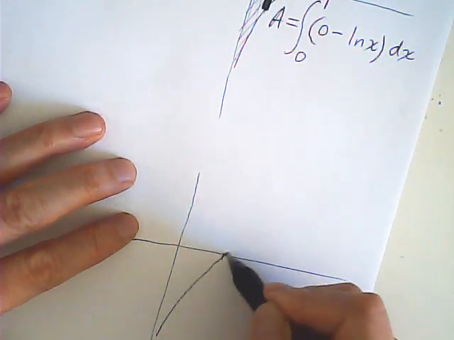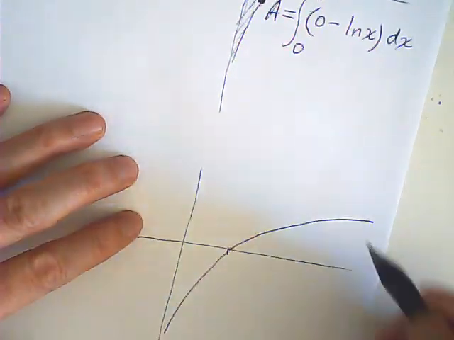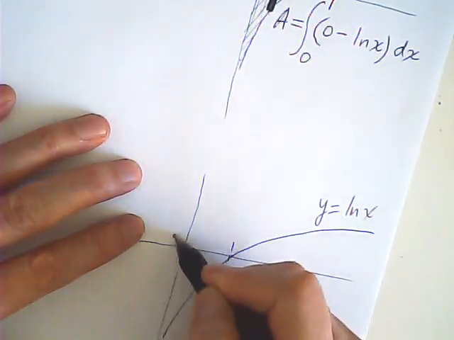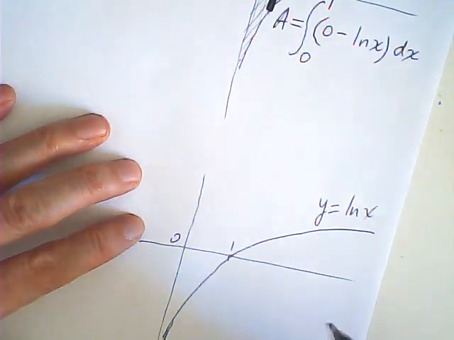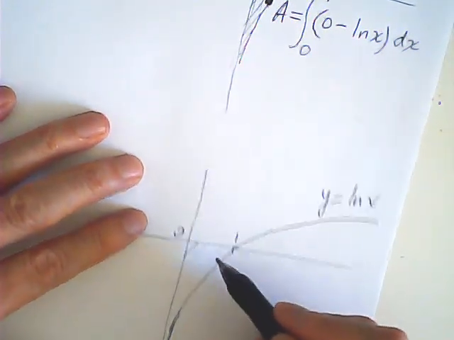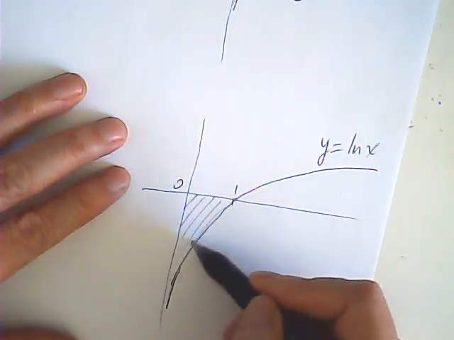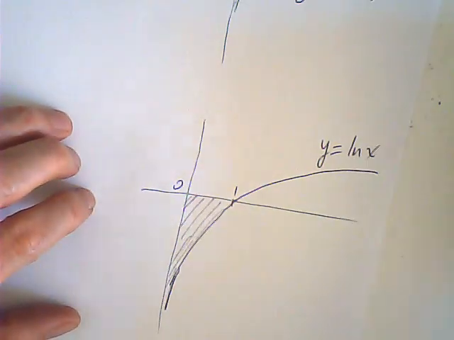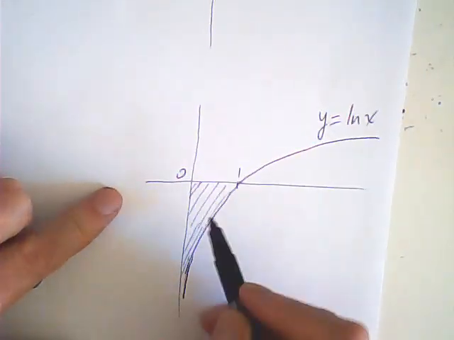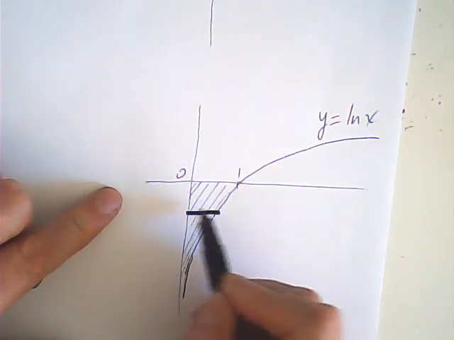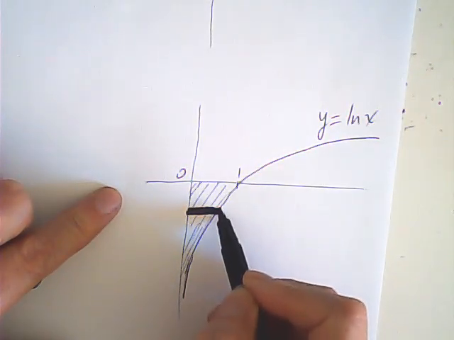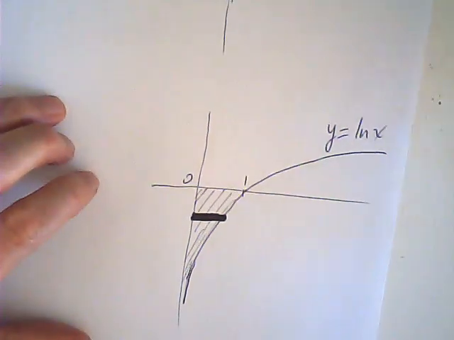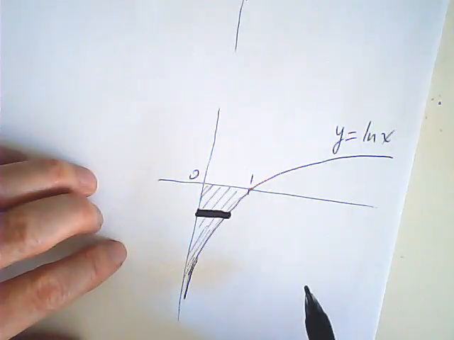This is y equal to log x. This is 1. This is 0. This is infinity. This is the region, the area we're looking for. Now we can consider this region, the area is composed of infinitely many slices, but this time they are horizontal.